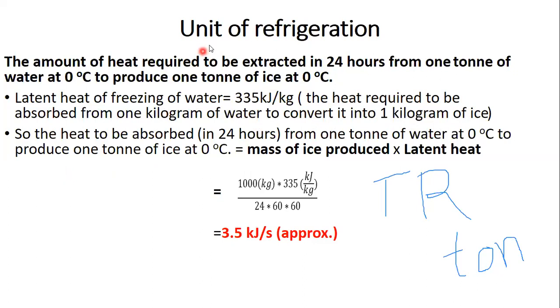As per the definition of unit of refrigeration, the heat to be absorbed in 24 hours from 1 ton of water at 0 degree Celsius to produce 1 ton of ice at 0 degree Celsius is equal to the mass of ice produced, which is 1 ton of ice, times latent heat.